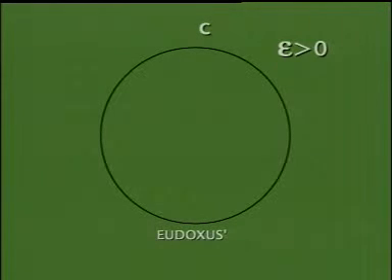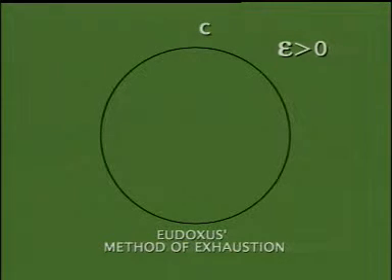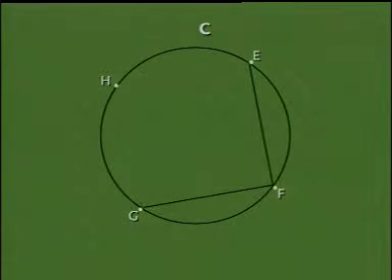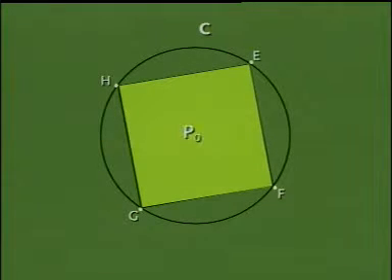Let C be a given circle and epsilon be greater than 0. To illustrate Eudoxus' method of exhaustion, we compute the area of circle C by filling it with inscribed polygons. Let's begin with a square EFGH inscribed in the circle C, which we denote by P0.